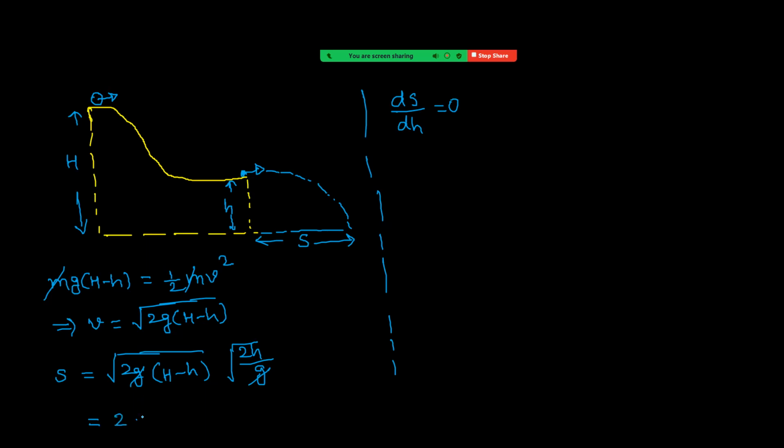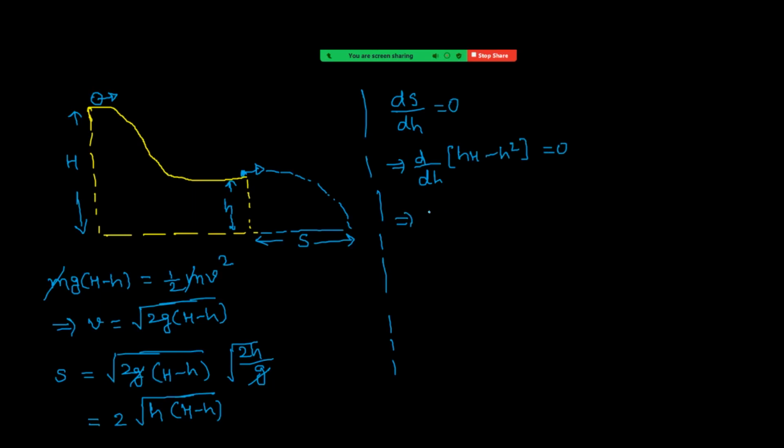I'm taking 2 outside. Remaining is root of h into (H minus h). The one inside the root, if that is maximum, then the total value is also maximum. So differentiate only the inner value. That implies d by dh of (Hh minus h square) equal to 0.